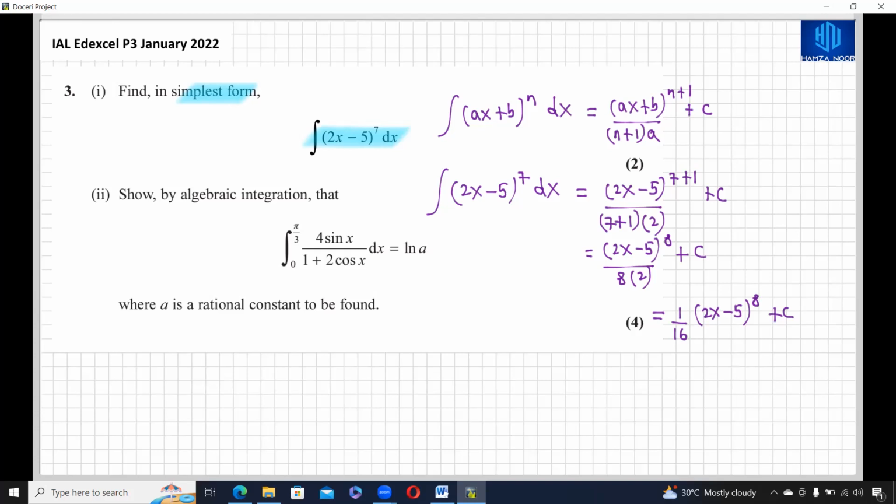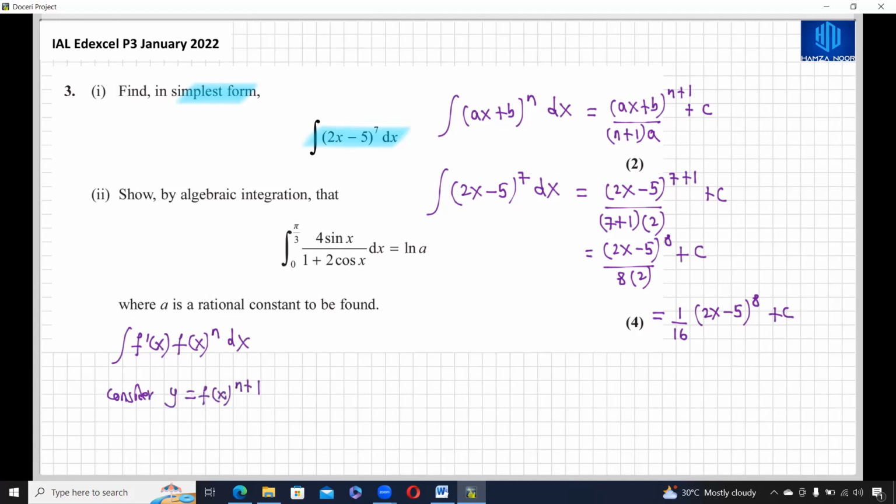Even if it was not a 2-mark question, you can still use these simple steps. But alternatively, as this is given to you in the form of f dash x multiplied by fx raised to the power n, you will consider y equals fx raised to the power n + 1.